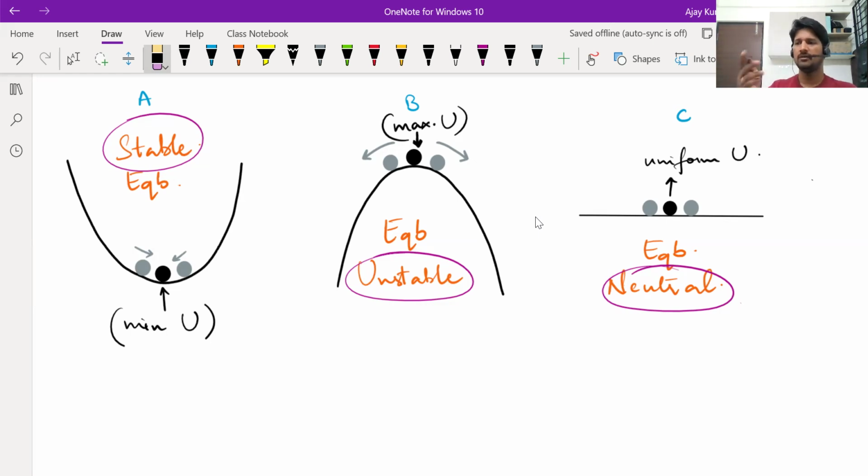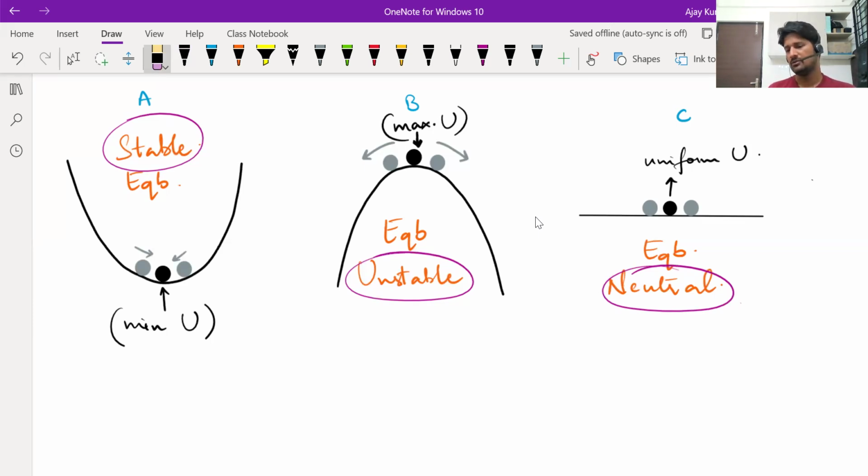Next, at equilibrium, if the potential energy is highest, but at surrounding points the potential energy is lesser, then it is called unstable equilibrium. Third case, whatever is the potential energy at equilibrium position, same is the potential energy at surrounding positions also, then you call that neutral equilibrium.